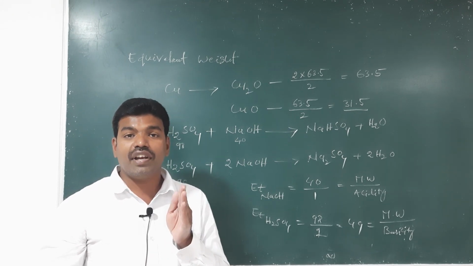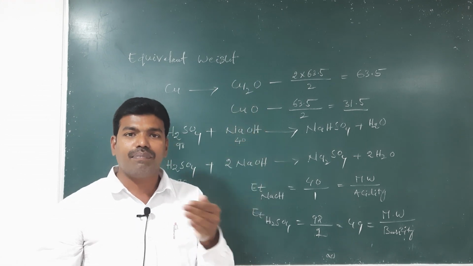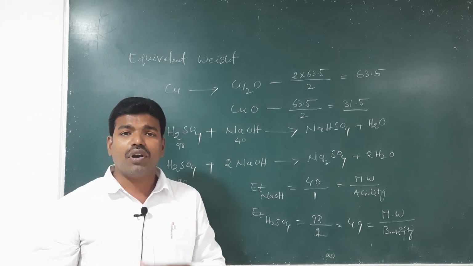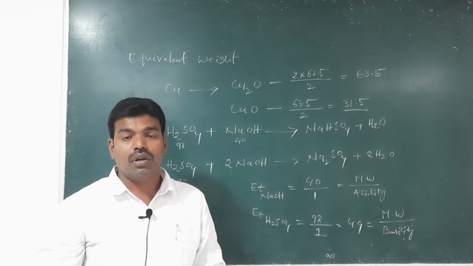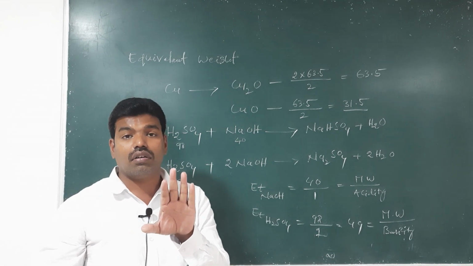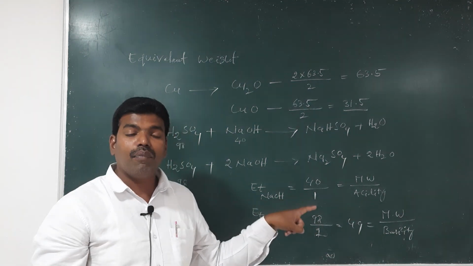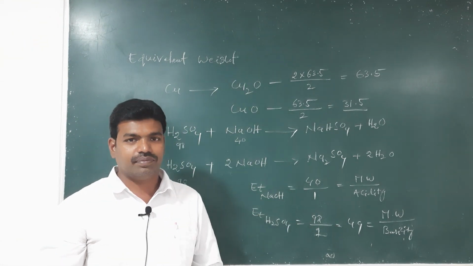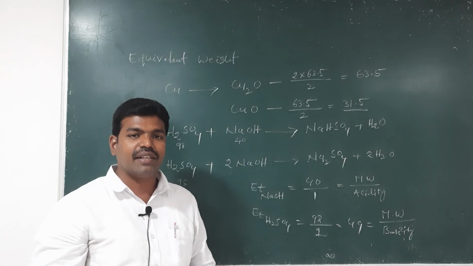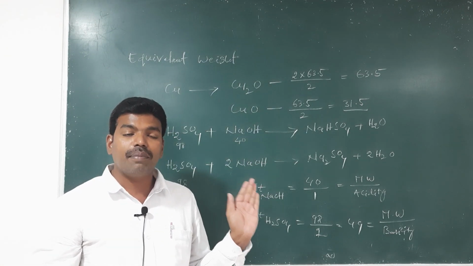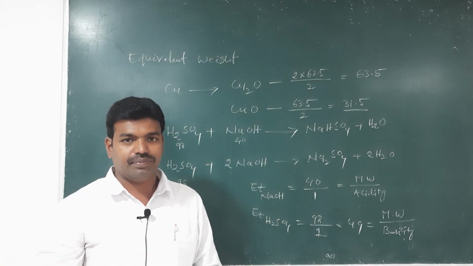When we see these examples, we may find a number of hydrogens in a molecule, but all the hydrogens are not replaceable hydrogens. So, basicity is the number of replaceable hydrogens and acidity is the number of replaceable OH groups.